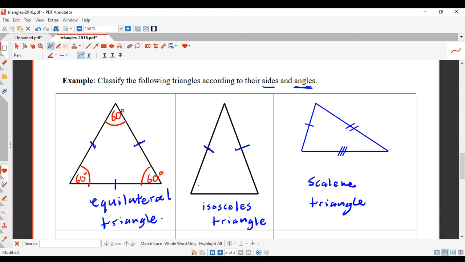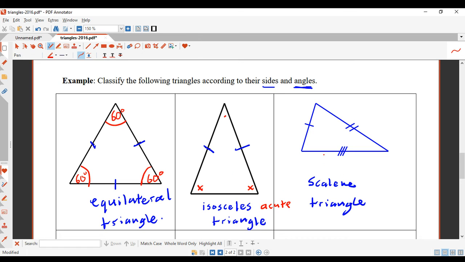But this one here, if you look at the angles, these are the 2 equal angles, and the third one is not equal. But what you'll notice is that all 3 angles are acute. So I could call this an isosceles acute triangle. The isosceles refers to the 2 equal sides, and the acute refers to the fact that all those angles are acute.